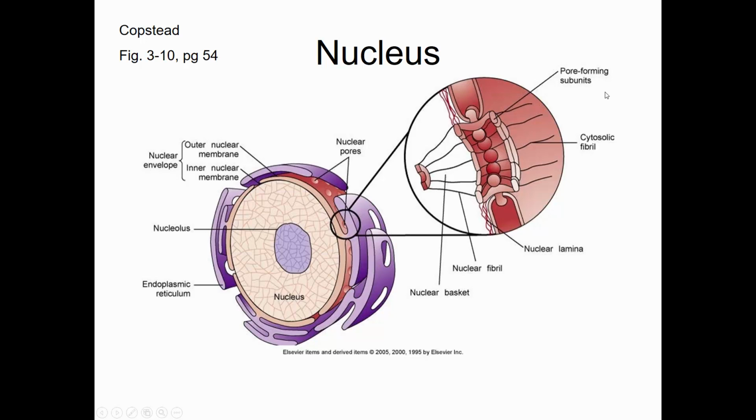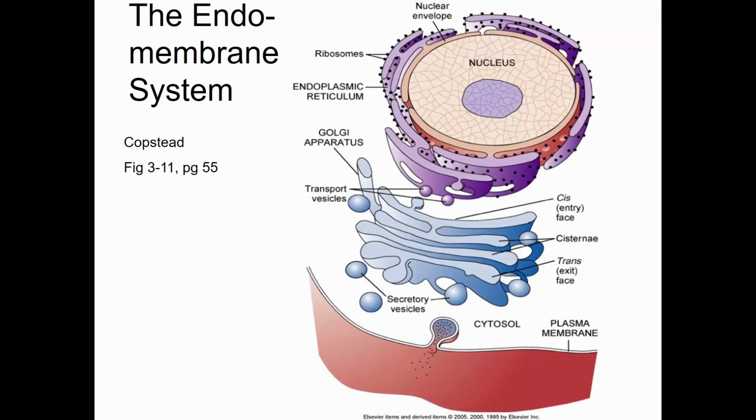Messenger RNA has to be able to get out through this pore to find the external components. There are also regulatory proteins that are made. Those have to make their way back into the nucleus so that they can control the expression of certain parts of the DNA.